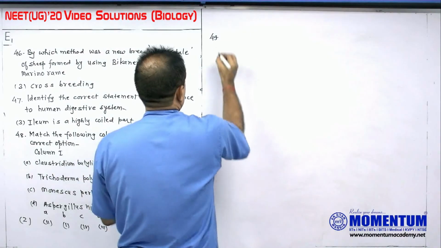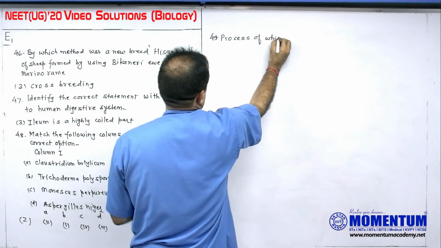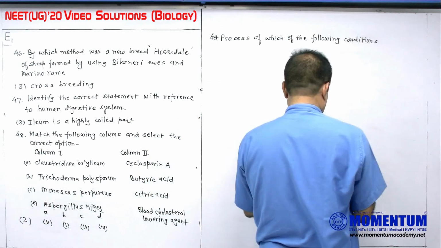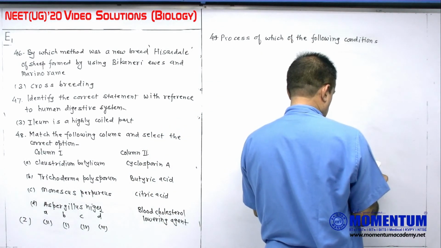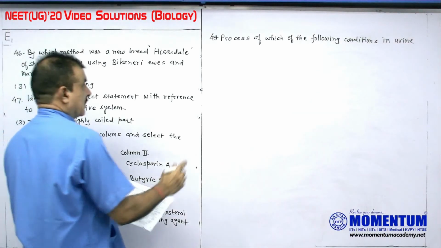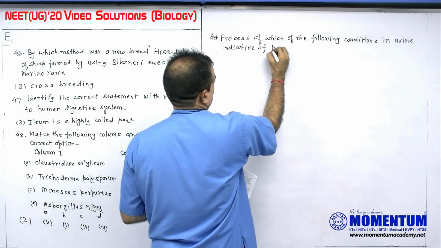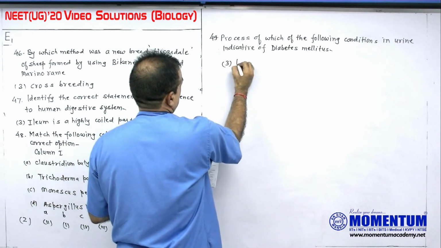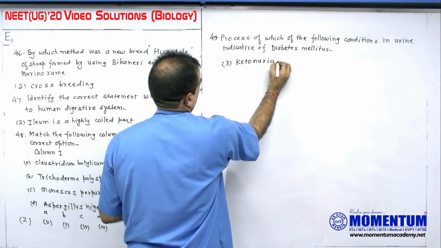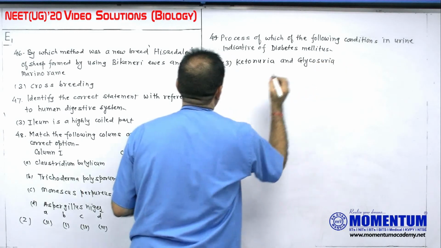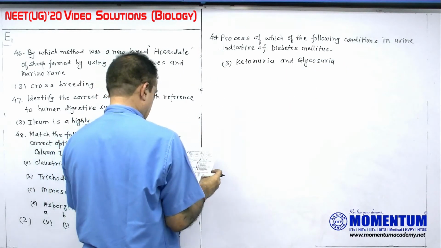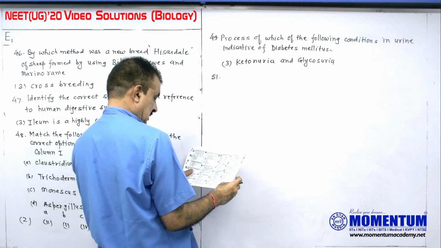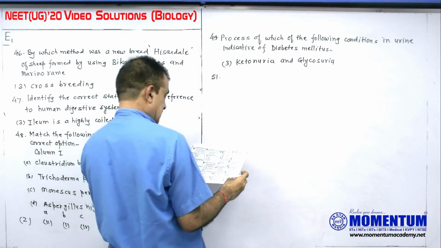49: presence of which of the following conditions in urine is indicative of diabetes mellitus? Ketonuria and glycosuria. Third option, ketonuria and glycosuria, that is indicative of it. Then 51: select the option including all sexually transmitted diseases.